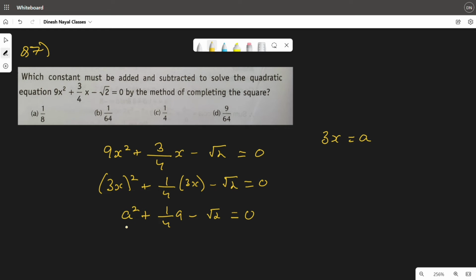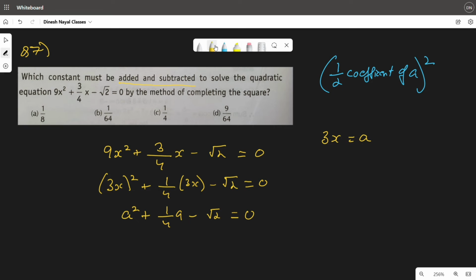Now we take half the coefficient of a. In completing the square, the added and subtracted term is, I'm writing it over here, half the coefficient of a and then square it.